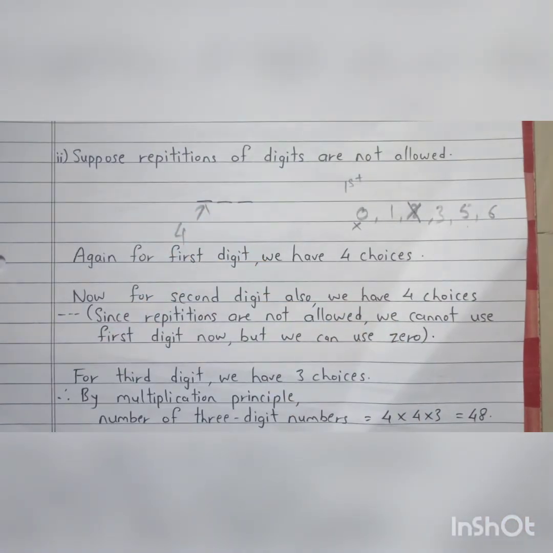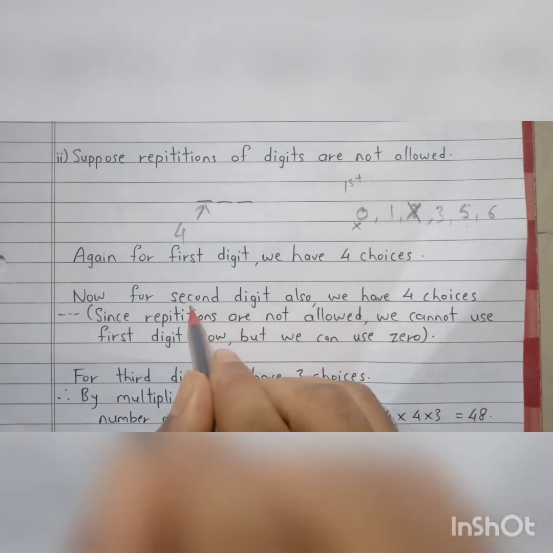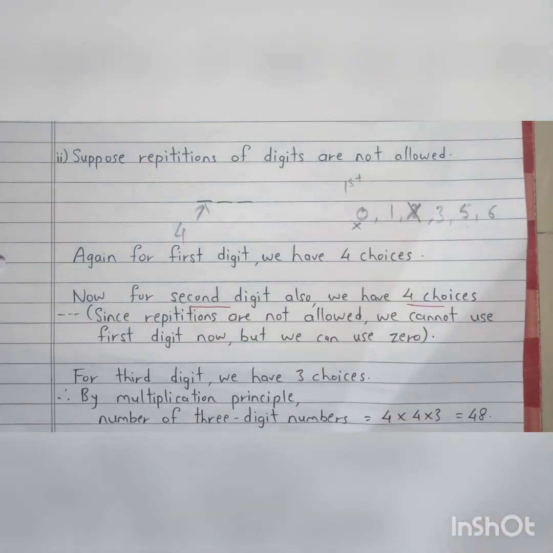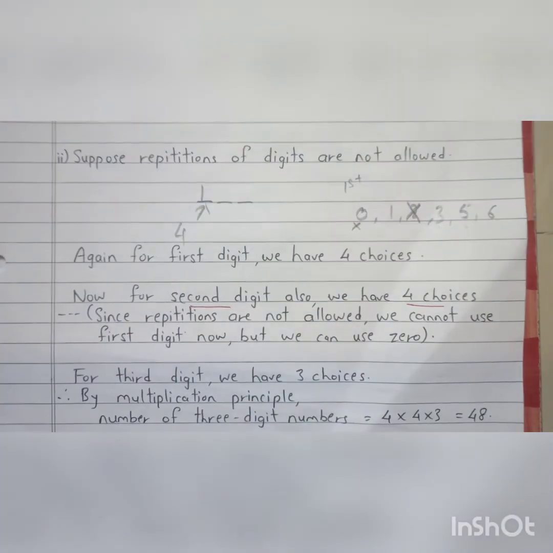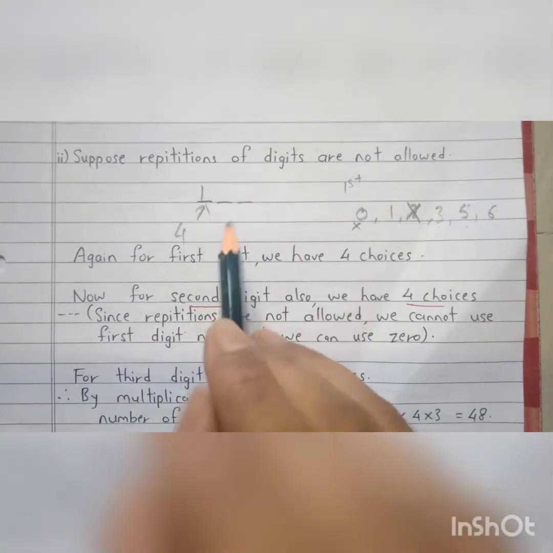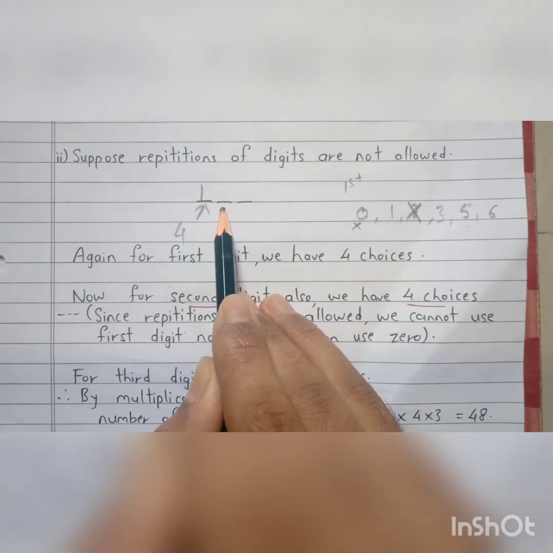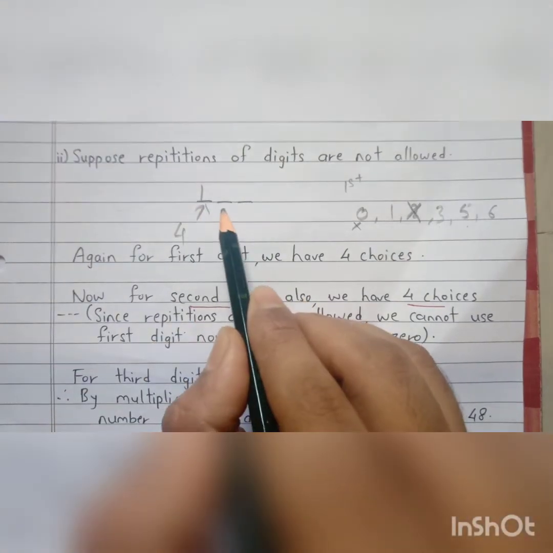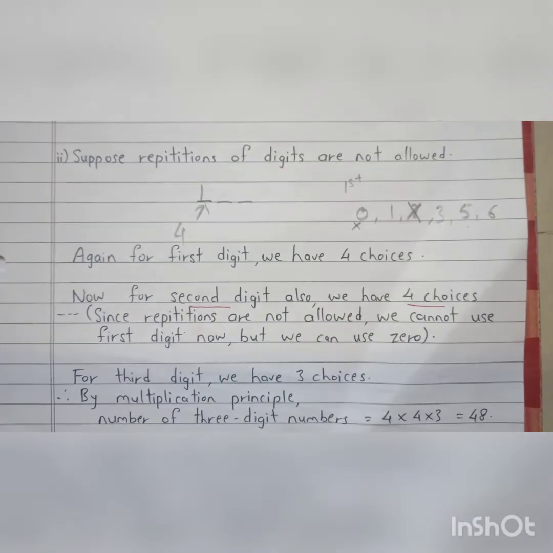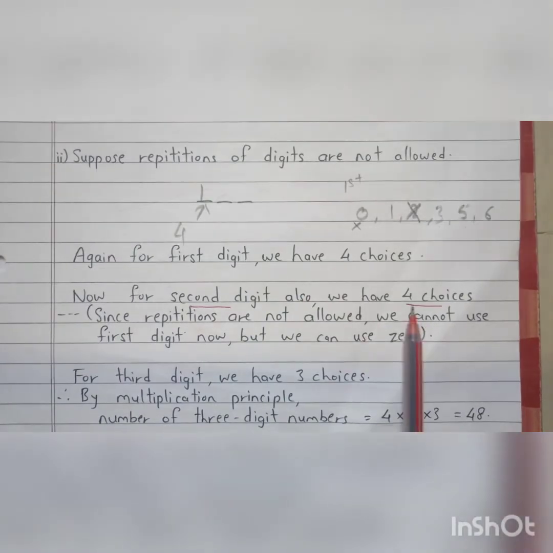Now for the second digit we have 4 choices. Why? Repetitions are not allowed. So suppose I put 1 here. Then I cannot put 1 in the second place or third place. But still I am getting 4 choices.